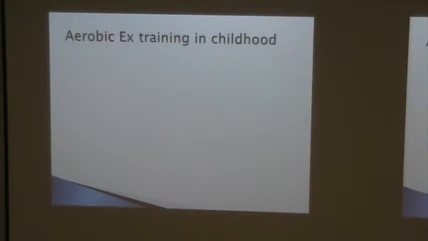All right, so if you want to do some training, a child says, I want to do some aerobic training. Some things to keep in mind. Aerobic training can be effective and safe before puberty.